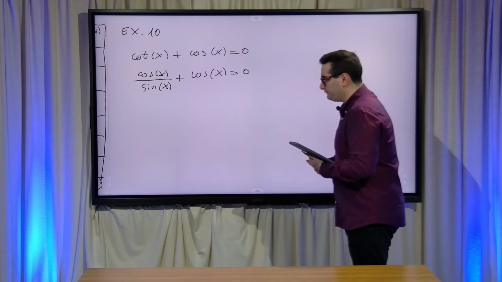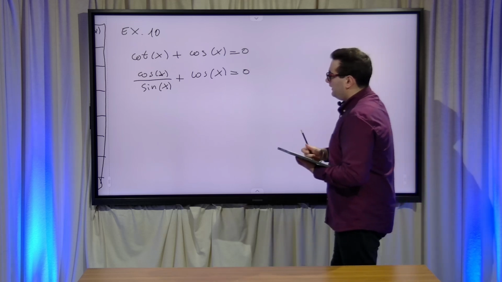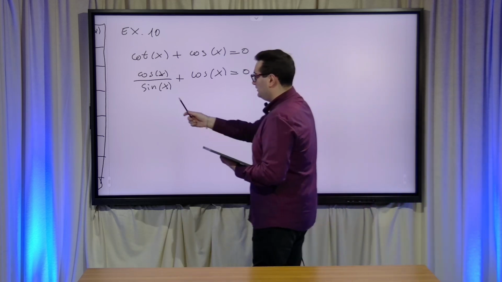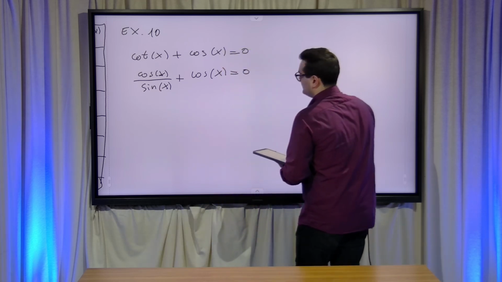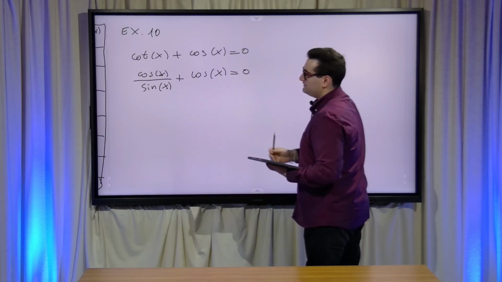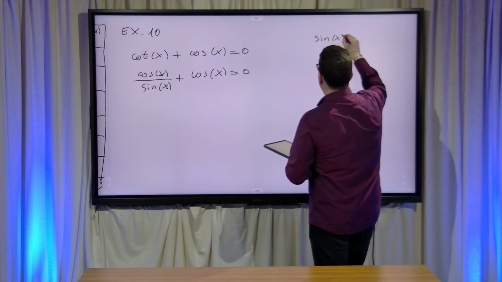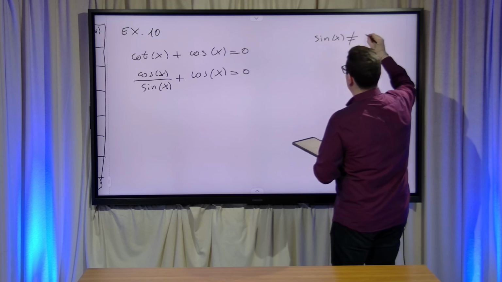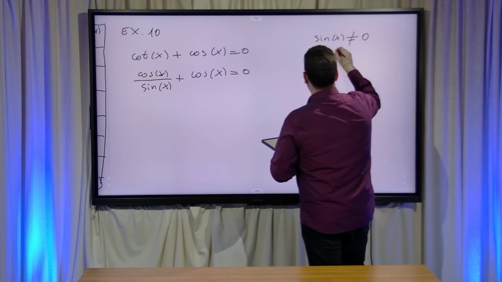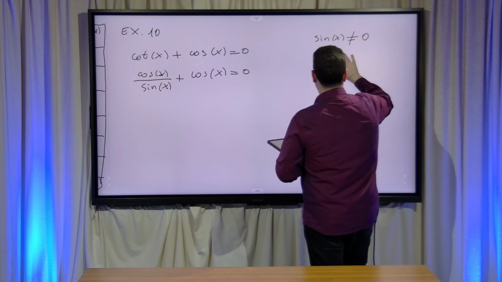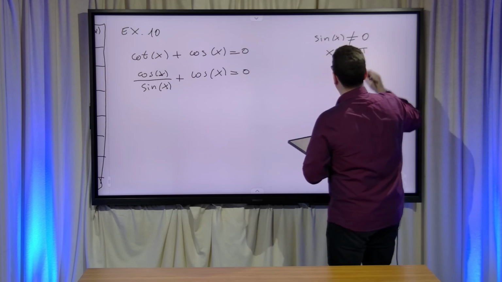Now, before moving on, I have to make a consideration. I have a division by sine of x, but I can do this division if and only if the sine of x is not equal to 0. And this is true when x is not equal to k pi.